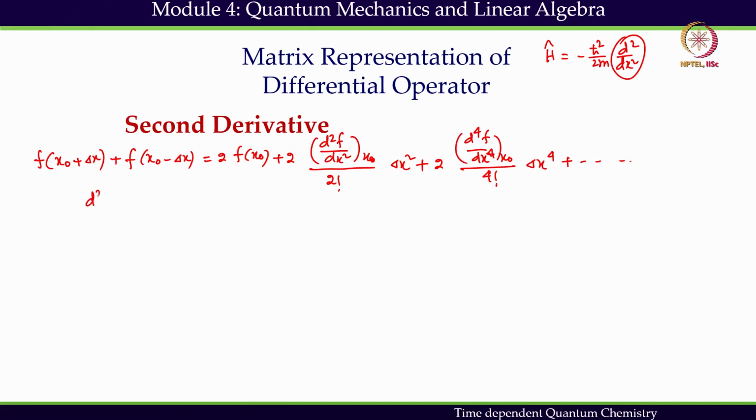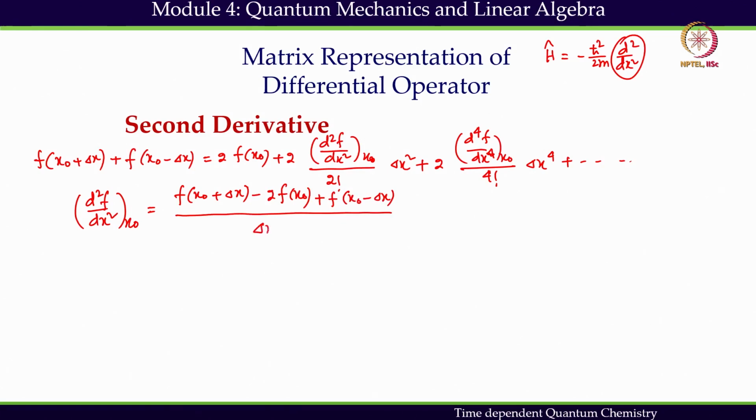second derivative. So the second derivative at x equals x naught is going to be f of x naught plus delta x minus 2 f of x naught plus f of x naught minus delta x, divided by delta x square, plus the remaining part.